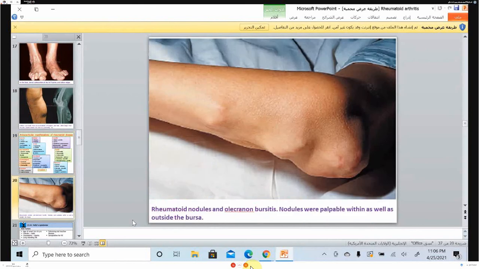Now this is a picture of rheumatoid nodules and olecranon bursitis. Nodules were palpable within as well as outside the bursa.